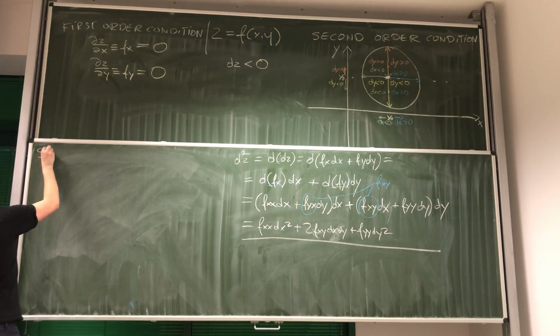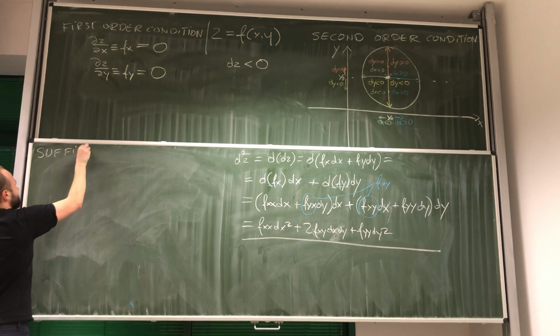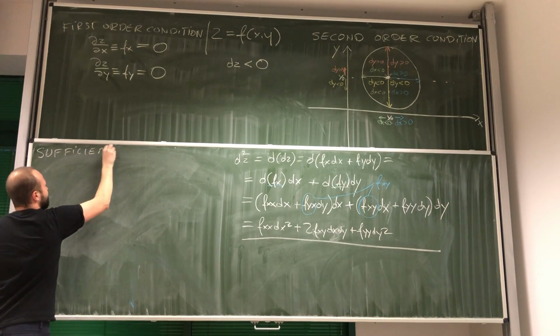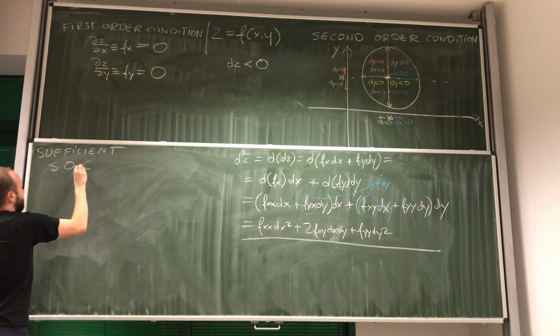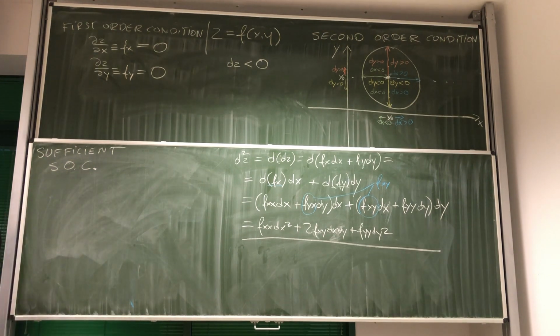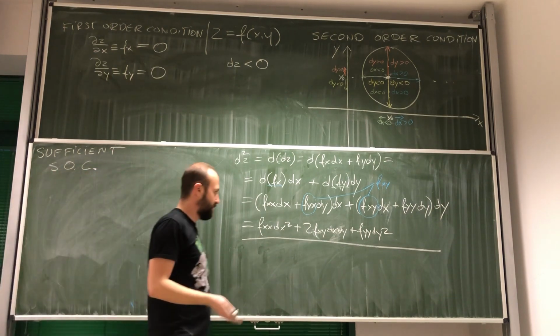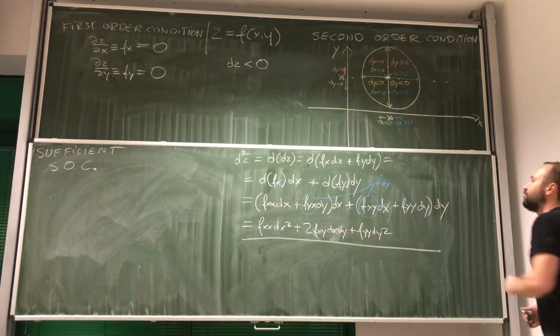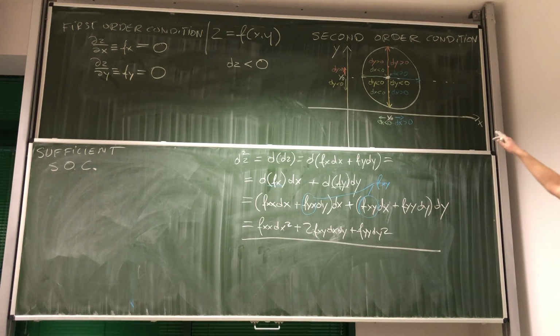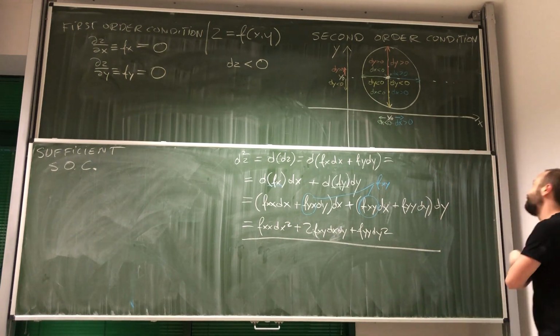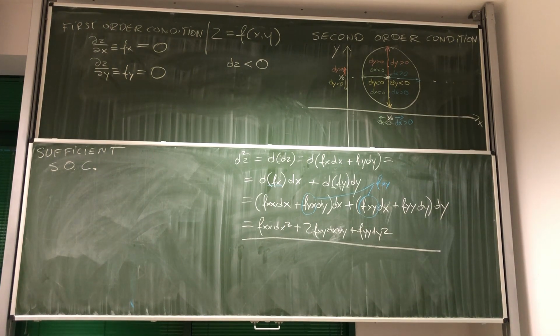So we've got the sufficient second order condition for either a relative maximum or minimum. Because we've introduced this expression, we know it takes into consideration every possible dy and dx. Now, why is that so important?